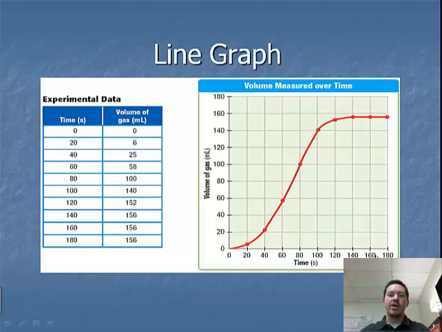Looking at our graph here, we've got our independent variable along the x-axis. So we're going to call this the x-axis, or independent variable.